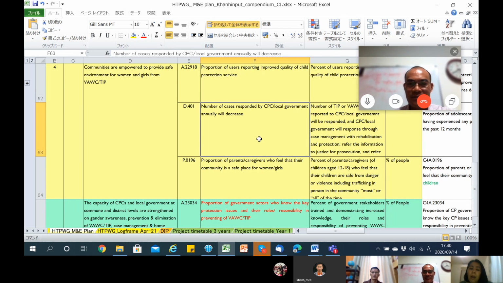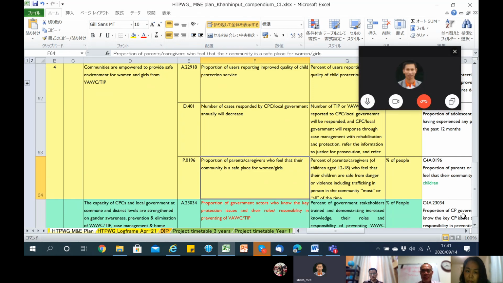But I think the point is how to identify the case, like how we say this is a case or not. If this is a trafficking case or a violence case, we have to identify, right? Yes. I think that's the difficult part.